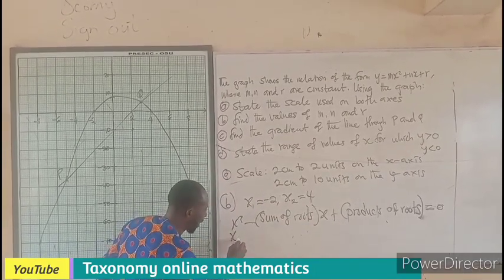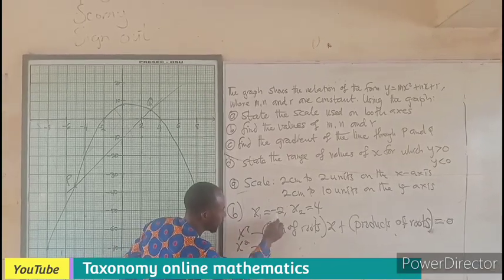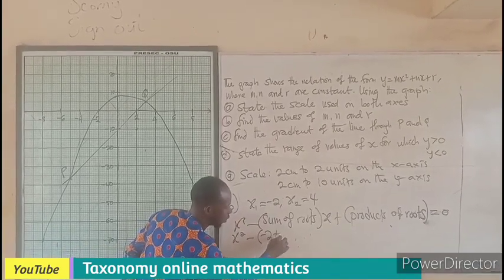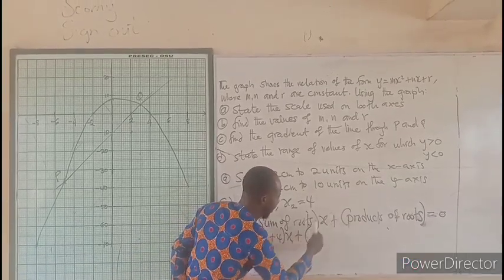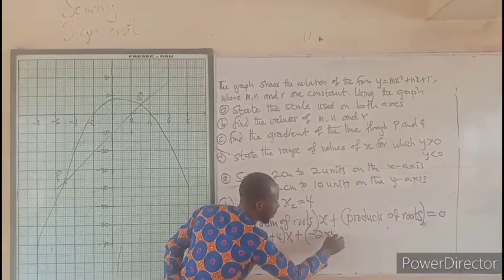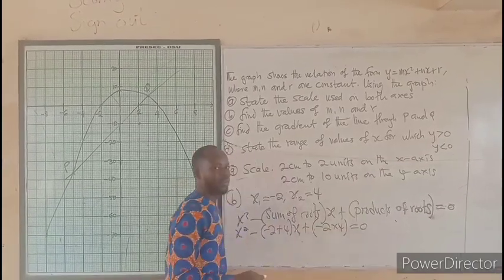So it means x squared minus, first, minus 2 plus 4 times x, plus our product, meaning minus 2 times 4. All this equals 0.